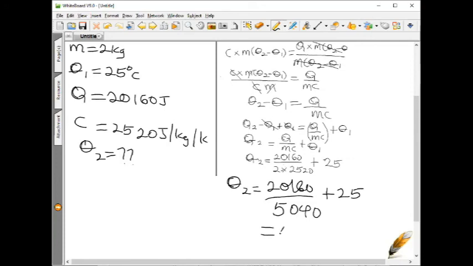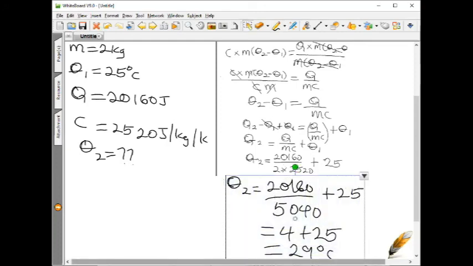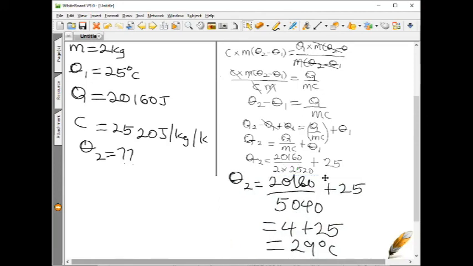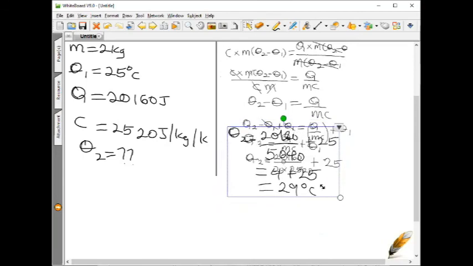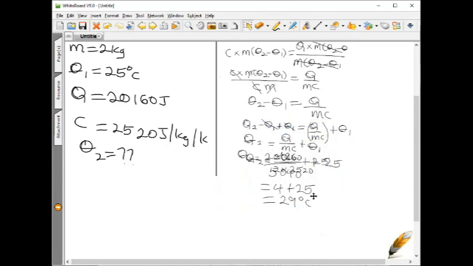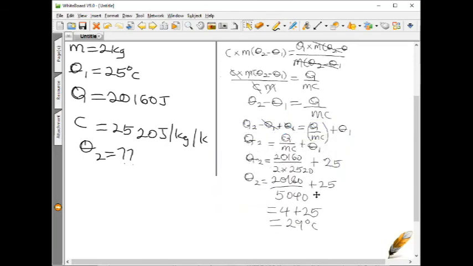This will be 4 plus 25, and that will definitely be 29 degrees Celsius. And that will be our theta 2.